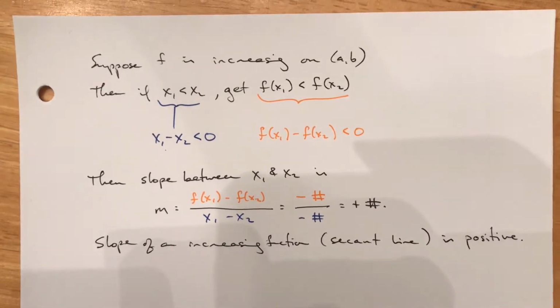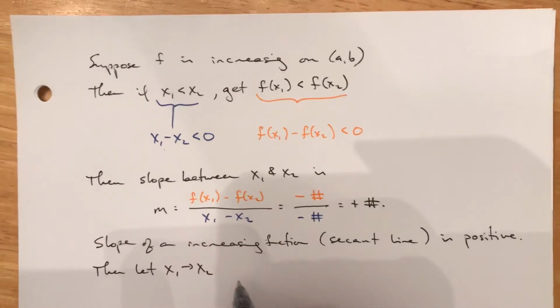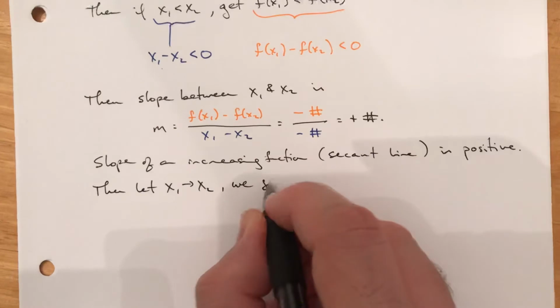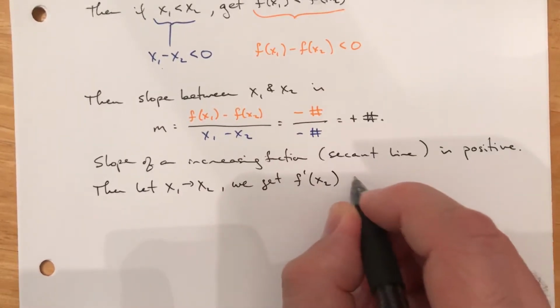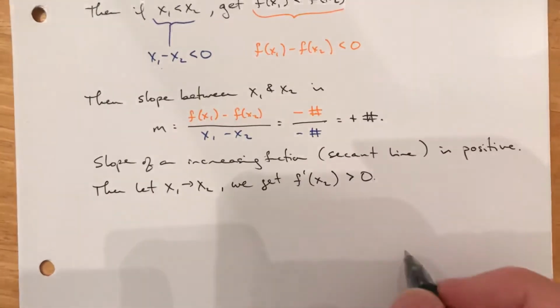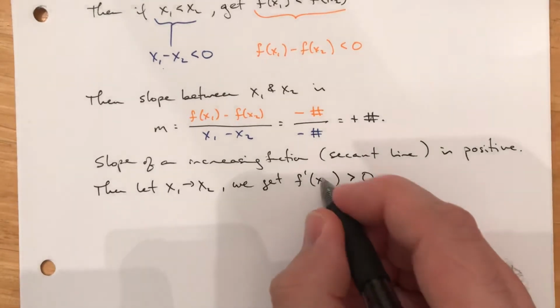And now we're talking about the derivative. If we let x1 go to x2 under a limit, we're going to get that f prime of x2 is positive. The x2 is not important, just any value of x is fine.